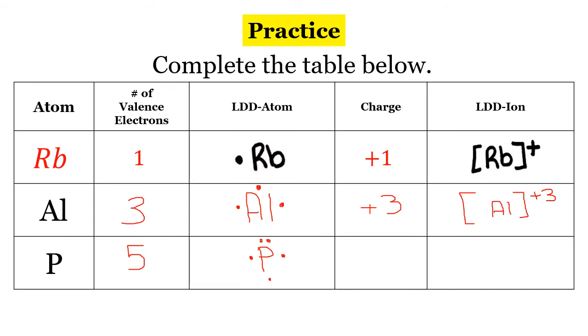It has between 4 and 7, so it's going to gain electrons to 8. So it's going to gain 3 electrons to get to a total of 8. So when we write out our symbol, because it's gaining electrons, we're going to have a total of 8 dots here. And then the charge is going to go on the outside.